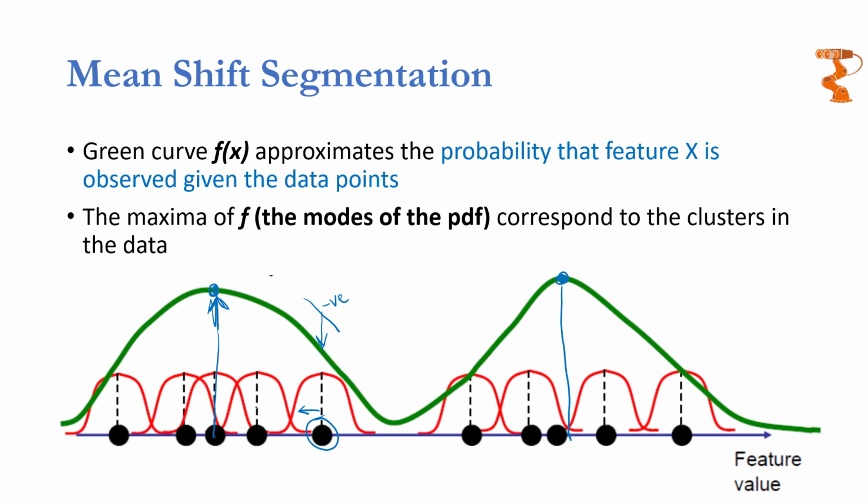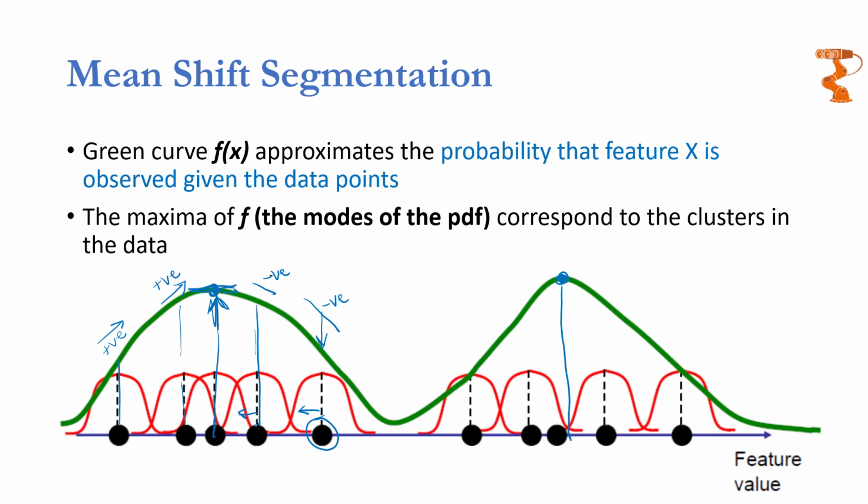This point will also move in this direction because over here, this green curve has a negative gradient. Whereas this point might not move because over here the gradient is 0. This point will move in a positive direction because the gradient over here is positive. This point will also move in a positive direction because the gradient over here is once again positive.